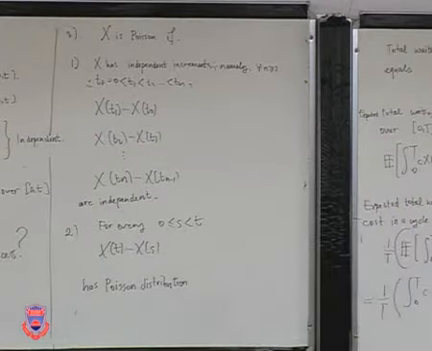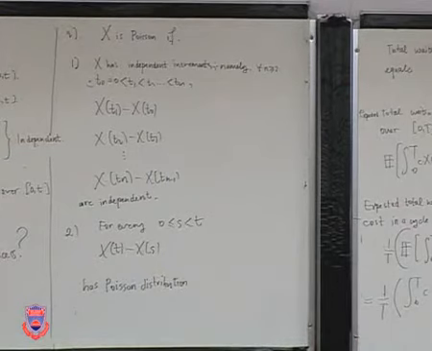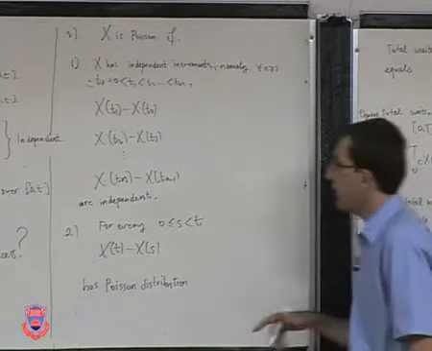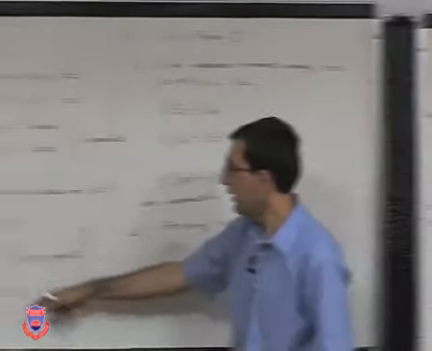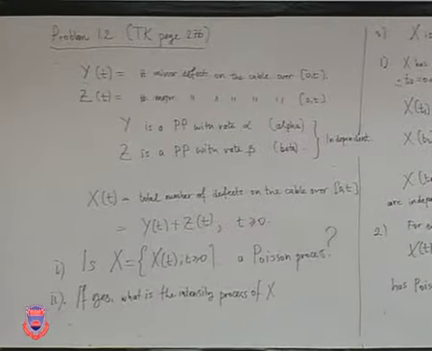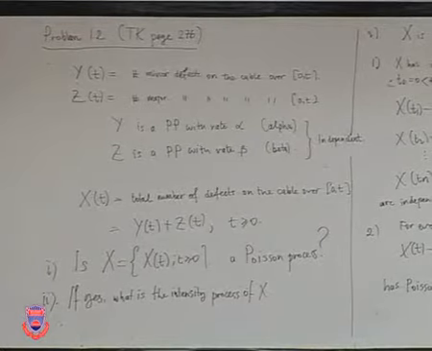If it indeed has a Poisson distribution, then we also have to identify its mean, and that mean is going to give us the intensity, in fact, in the second part.